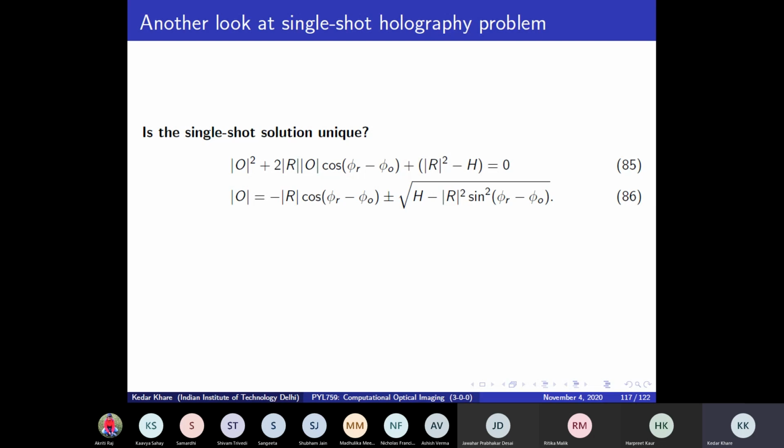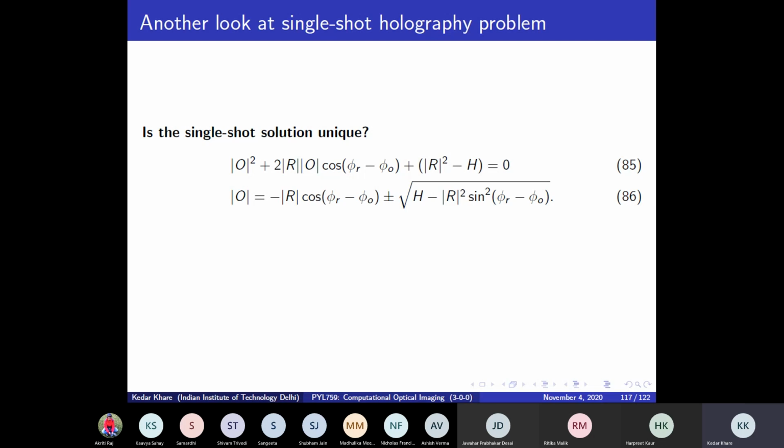Even if you know the interference pattern, meaning you have measured it, and even if you know the reference wave exactly, you still have two unknowns: amplitude and phase, or the real part of O and the imaginary part of O. So I can just pick any random phase function at will, and find the corresponding magnitude, and then that magnitude and that phase make one solution which satisfies my interference data exactly.